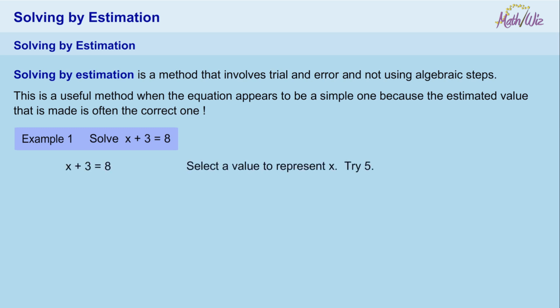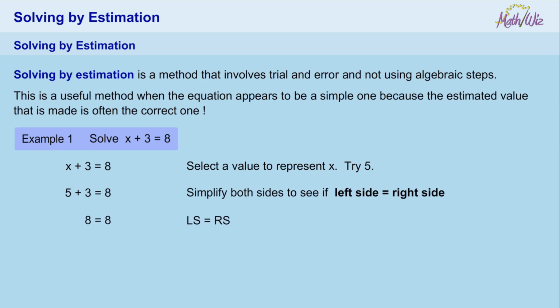First, select a value to represent x. Let's try 5. Substitute 5 for x. Simplify both sides to see if the left side equals the right side. And it does. 8 equals 8. That means the solution to the equation is 5. Solving this equation only took one estimate, but you may find that more complex equations take more estimates to solve.